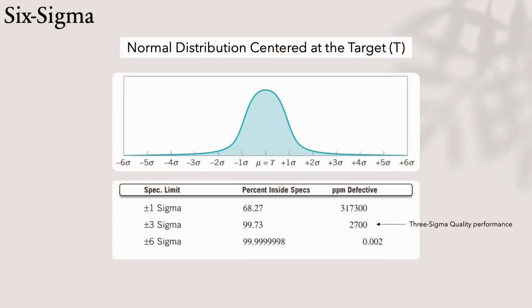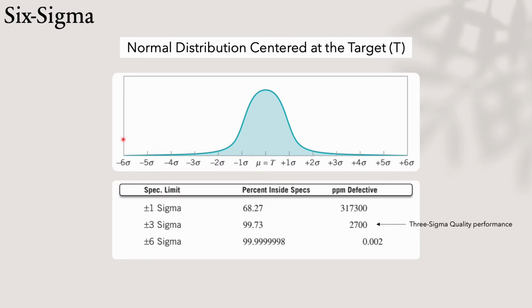See 6 sigma. What does 6 sigma mean here? That means how big an improvement 6 sigma is. So if we consider plus minus 6 sigma as our specification limits, this is our upper specification limit and this is our lower specification limit.